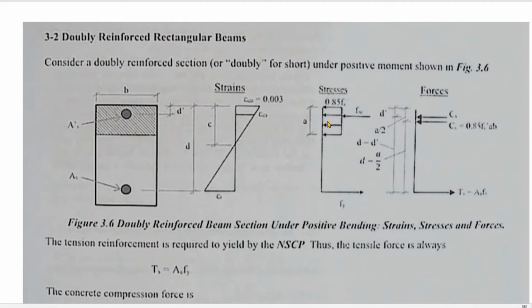And if you will take this area, this is Cc, which is compression concrete, which is equal to the area of the block, 0.85 f'c times a times your b. And then, again, still on the compression area, you have the A's, which is defined by Cs or compression steel.